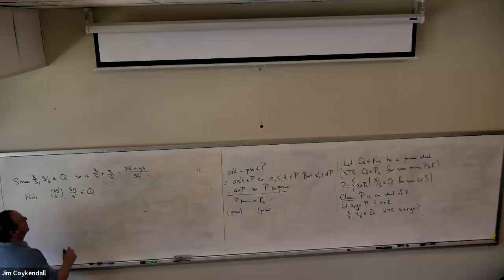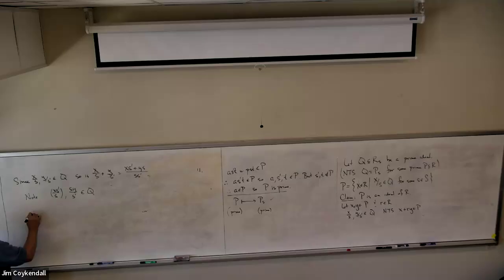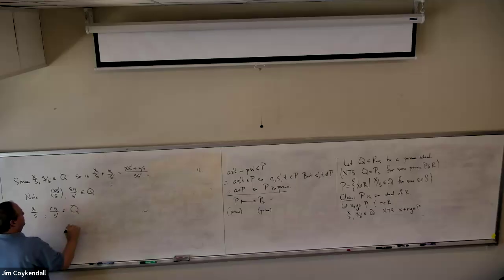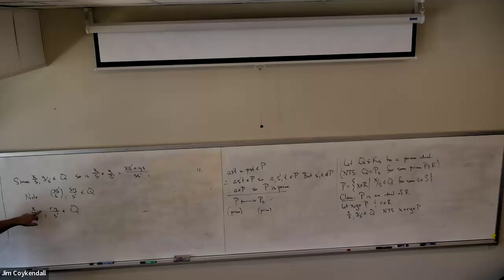Right. So the point here is I can adjust these by anything in S I want. So the way I want to get x plus ry in here is if you look at x over S plus ry over S prime, these are both elements in Q. I want to get that x plus ry is a numerator of a single fraction.